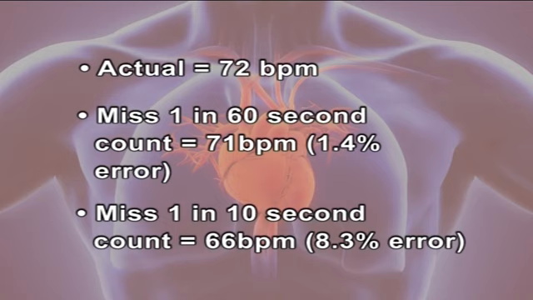Miss 1 in a 10 second count, 66 BPM, so that will show 8.3% error. Therefore, start the time period of counting at a specific time on the watch, and the first heartbeat felt after the time period has begun is considered as beat 1.